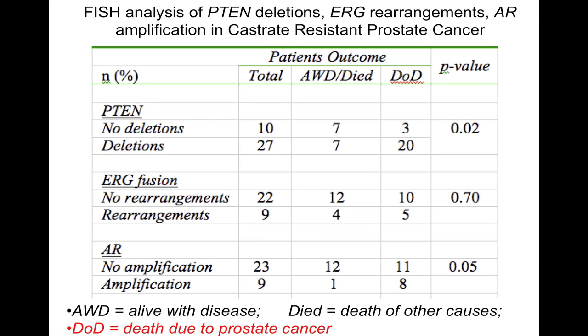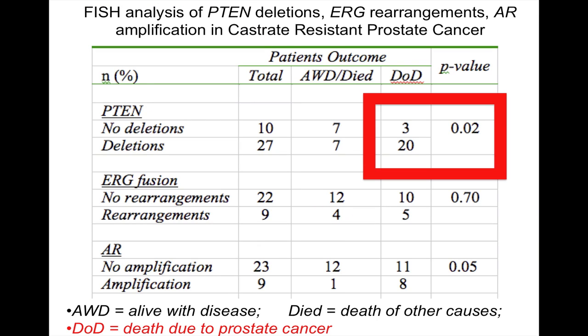And this is just from the paper again, and you can see that within this cohort of the 23 men who died of prostate cancer specifically here, 3 out of 20 had no deletions, so 17 out of 20 had deletions. So this was significant within this cohort. You also see a significant association with the amplification as well.